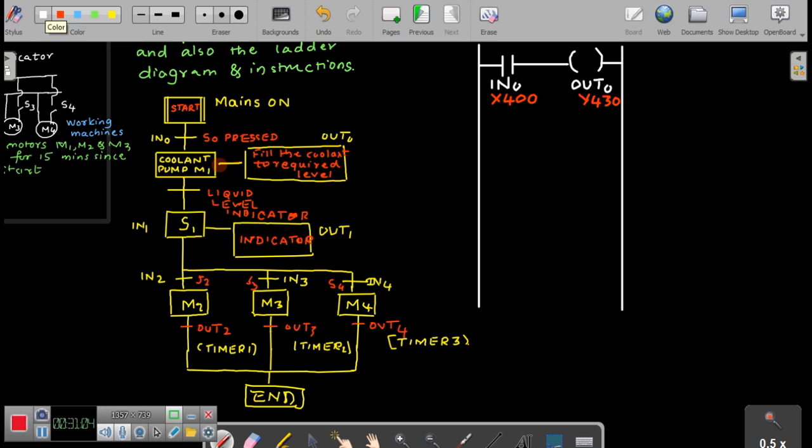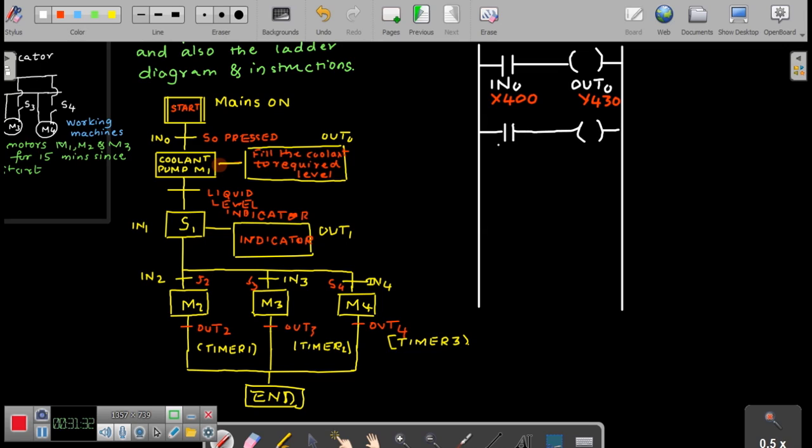Followed by that, I have one more input, that is the switch IN1, and this will make your indicator glow.